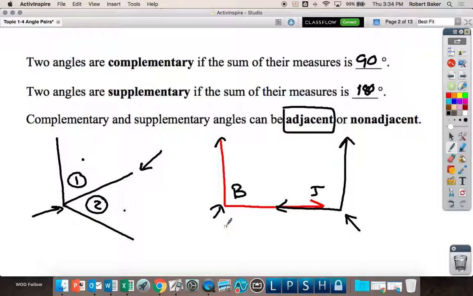So let's look at a different one. There's Captain America's room. There's Iron Man's room. Are those adjacent angles? No. Look, here's Captain America's room, this whole blue room right here.